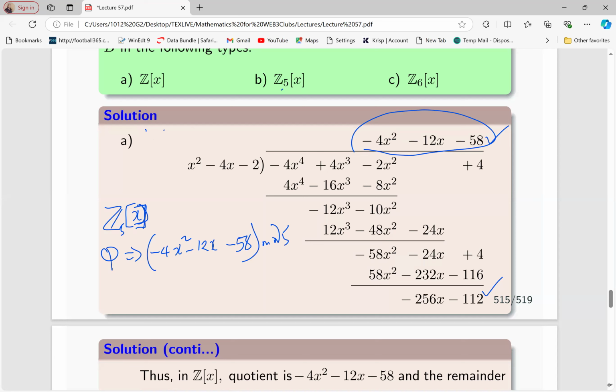So negative 4 mod 5 will be 1, you just add 5 to negative 4 and you get a positive 1. What about negative 12 mod 5? You add 5 once, you get negative 7. You add until you get a positive number: negative 7, plus another 5 would be negative 2, plus another 5 would be 3.